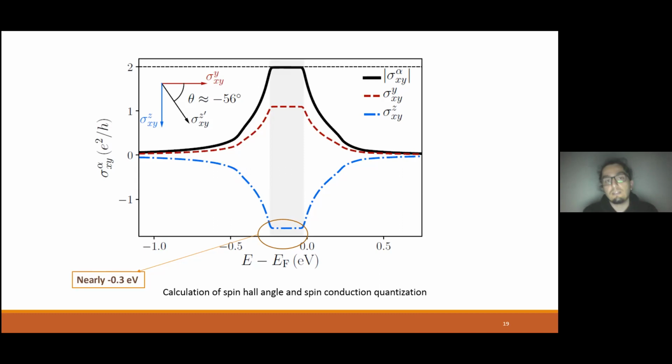When we look at the spin Hall angle, they use computational methods for that, and it comes as minus 58 degrees.